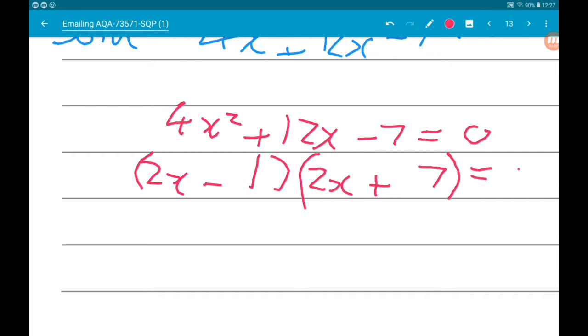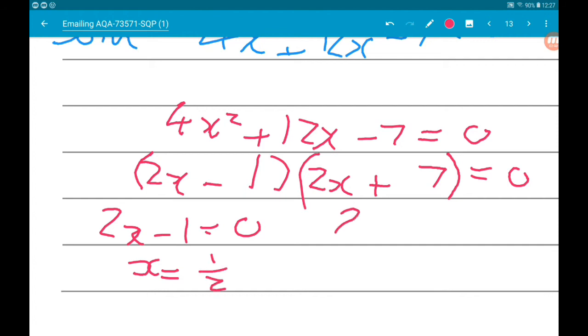So, if that is equal to 0, then we get 2x minus 1 is equal to 0, so x is equal to 1/2, or if 2x plus 7 is equal to 0, then x is minus 7 over 2.